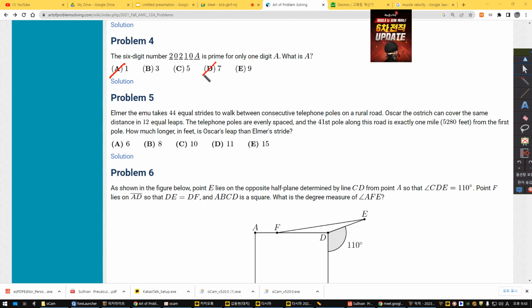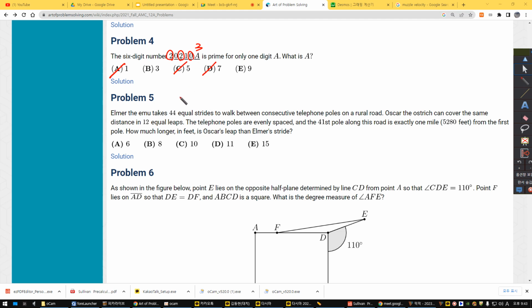And when the last digit is 5, that's a multiple of 5, so 5 doesn't work. And when the last digit is 3, this is a multiple of 11. To check the multiple of 11, we are subtracting the even digit and odd digit.